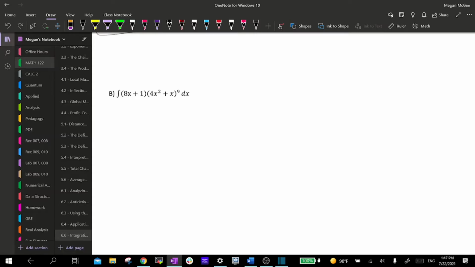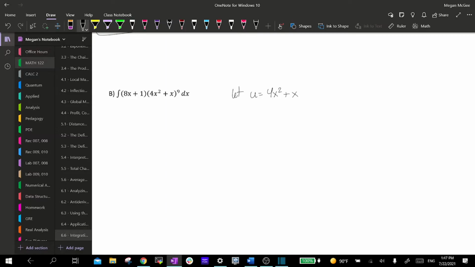I don't really feel like multiplying out 9 of these. Okay, so instead we are going to use a u substitution. And we want it to be inside of whatever we're raising to the 9th, because that seems to be the troublemaker here. All right, so we want u to be 4x squared plus x.